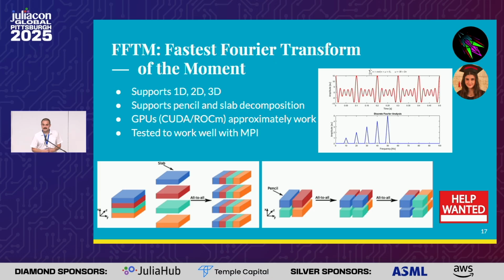And last but not least, we provide what we call the fastest Fourier transform of the moment, just based on the FFTW. However, it's just a way of calling it, like the Dagger-powered 1D, 2D, and 3D stencils we have. And we have support for slab or pencil stencils, which are basically a plane or a deep row into a 3D matrix or a tensor.